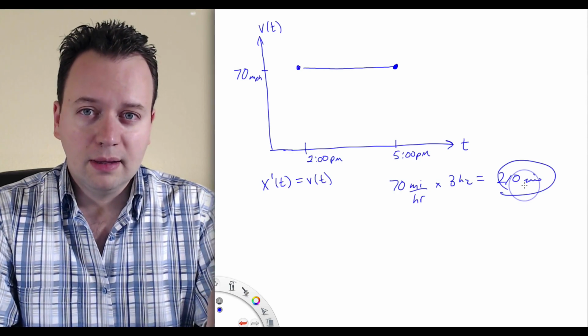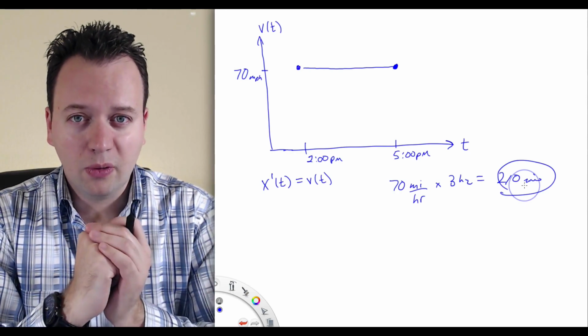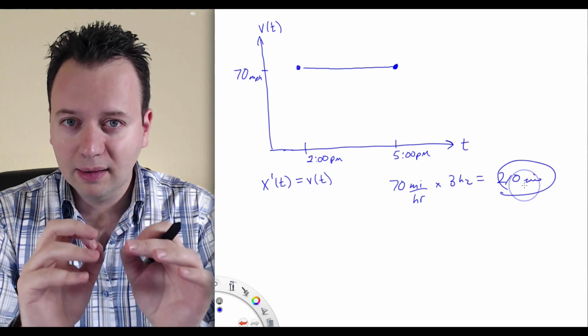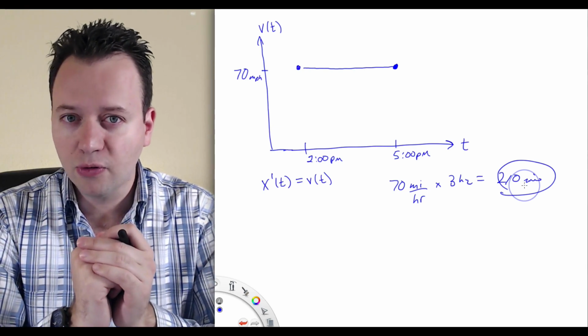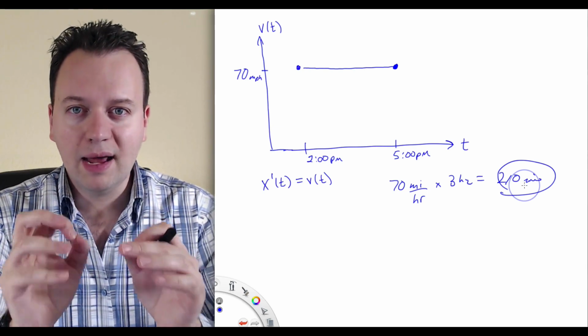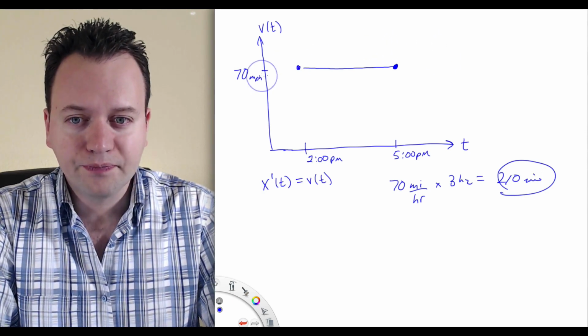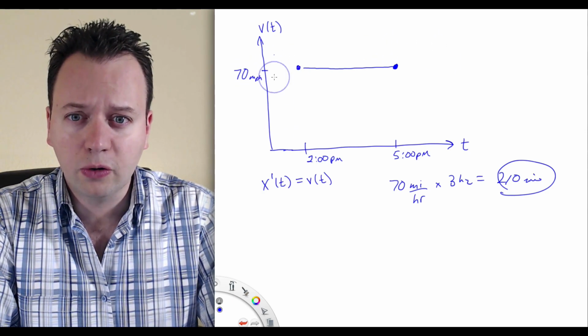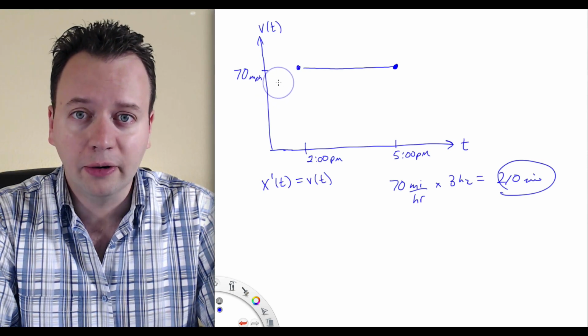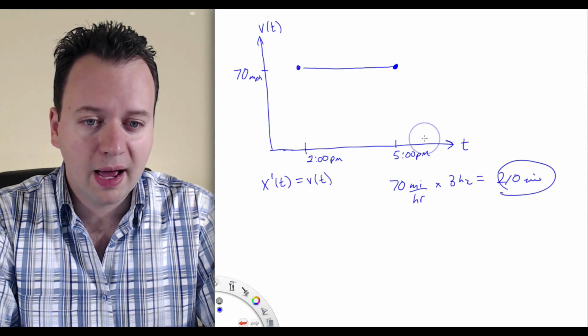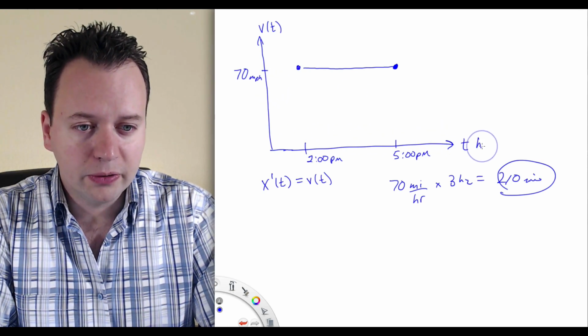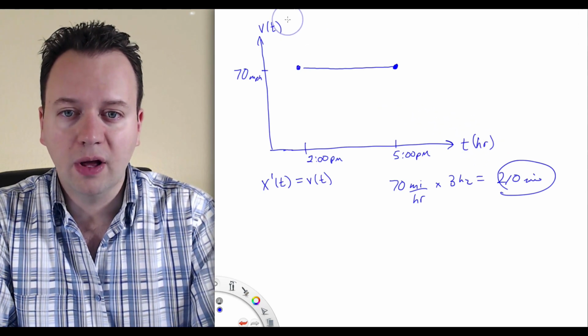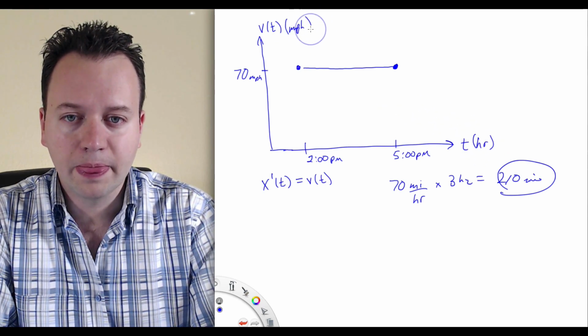Now, this very simple example actually lends itself to a very deep and profound observation, and that is the following. The units of the vertical axis are miles per hour, and the units of the horizontal axis are hours. So time is in hours, and velocity is in miles per hour.